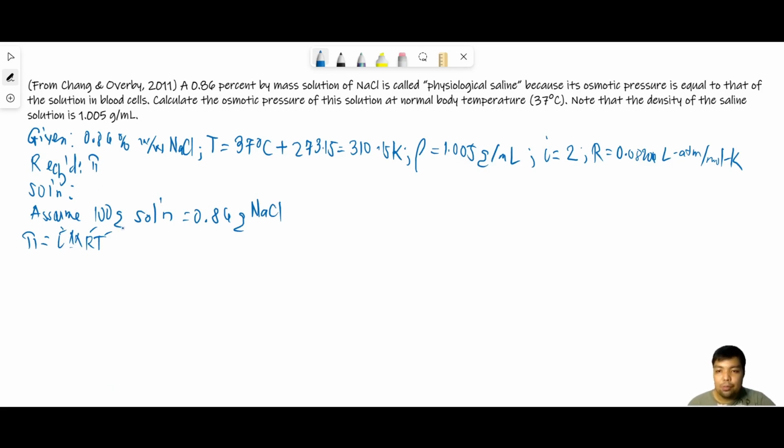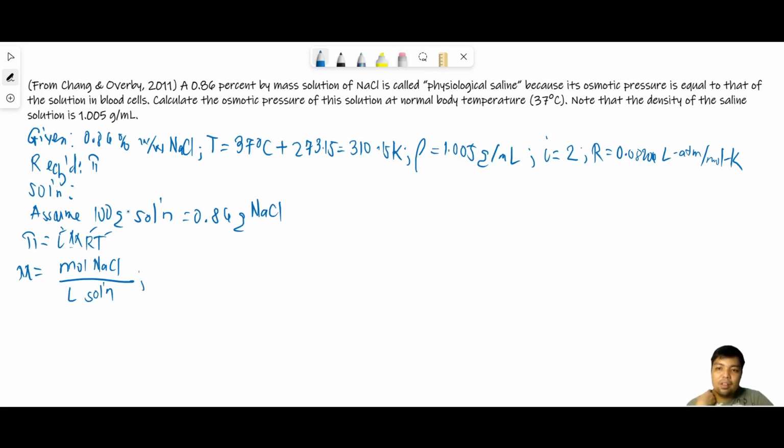We solve that from this assumption and using also the density of your solution. So we know that the molarity is equal to the moles of your solute, which is sodium chloride, divided by the volume of your solution in liter. So how do we get the volume of your solution?